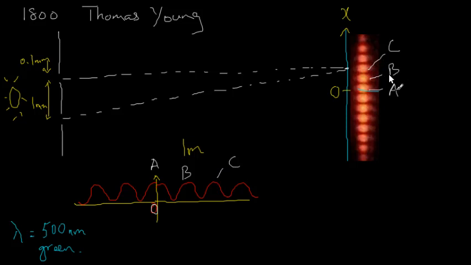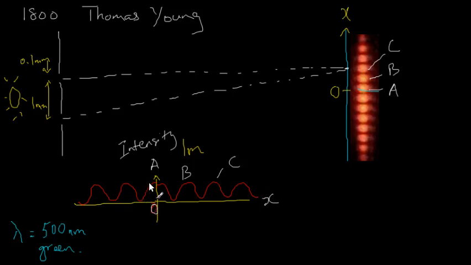In between A and B, for example, is a dark fringe. That would be this part where the intensity comes to 0. So this is an intensity or brightness graph against x, against this axis. This is what it would look like.